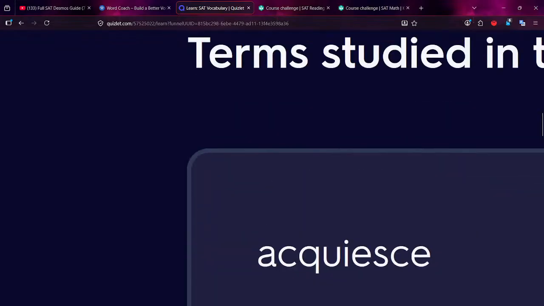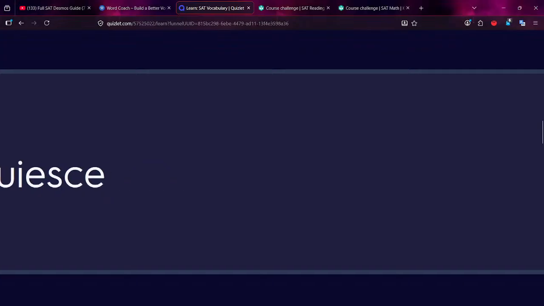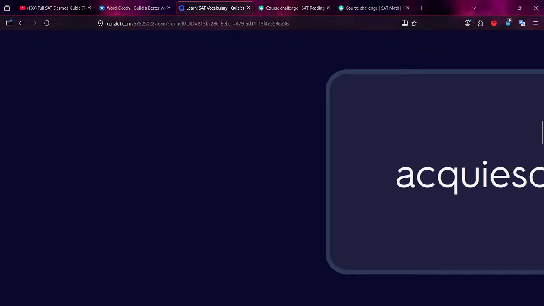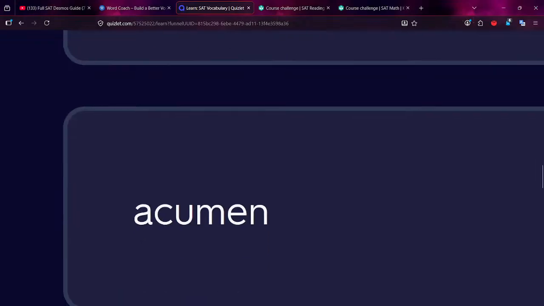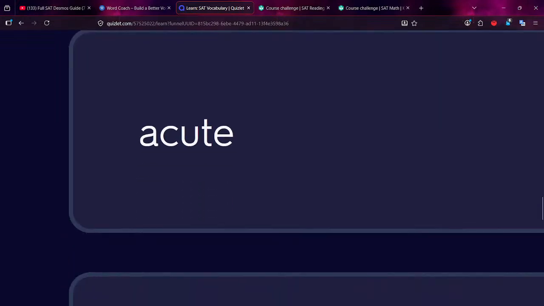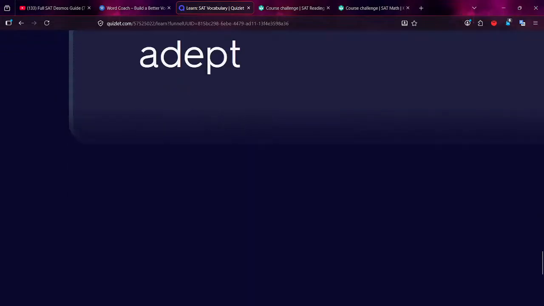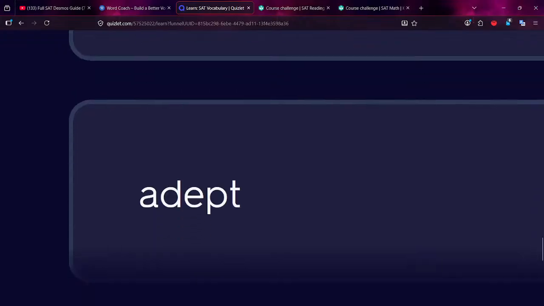Okay, so again, we're going with these terms. Acquiesce. I kind of forgot this again. Okay, to agree without protest. So acquiesce is to agree without protesting, right? Acrimony is kind of discord. Acumen is like keen insight. Acute is sharp and intense, severe. Adamant is like you're unyielding on that matter.